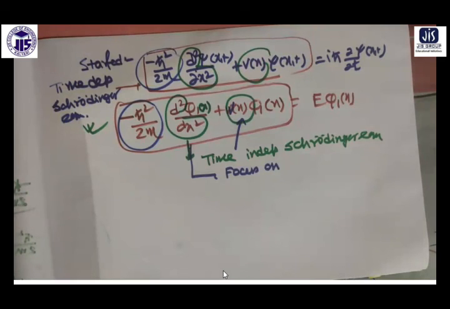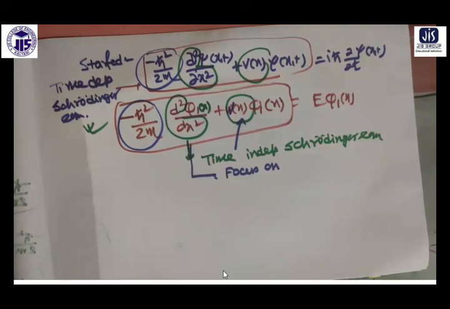Okay. So ultimately, the x part and t part were separated out. If I only examine the nature of the solution, this x dependent part, term by term I compare with the initial equation.